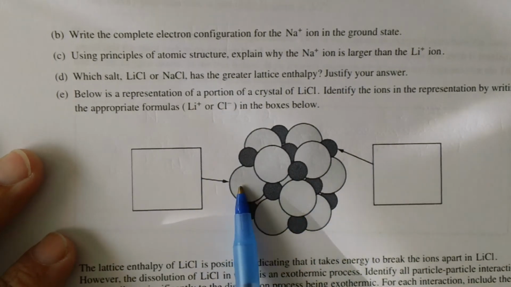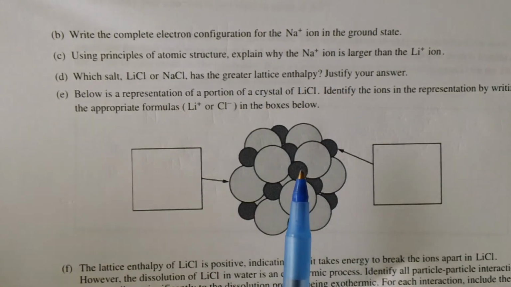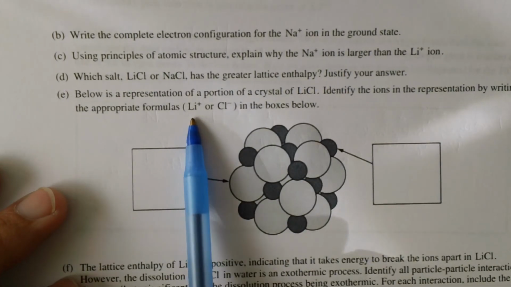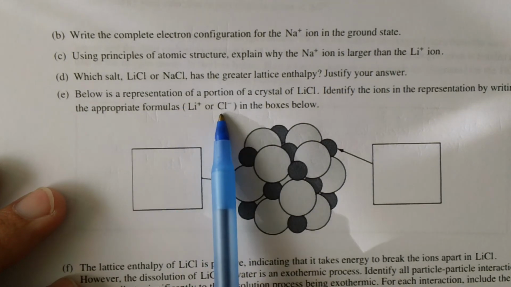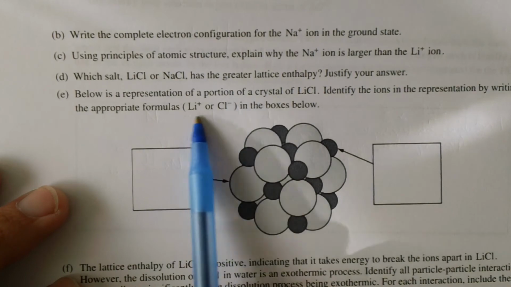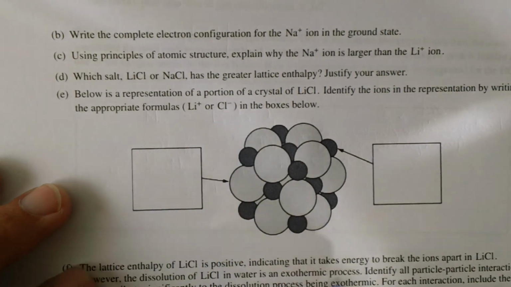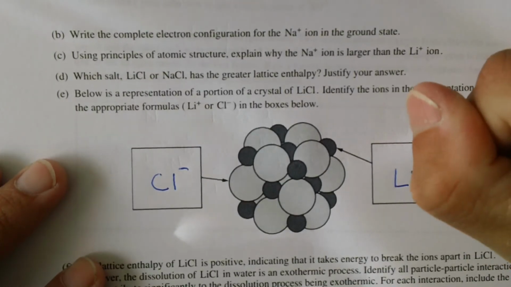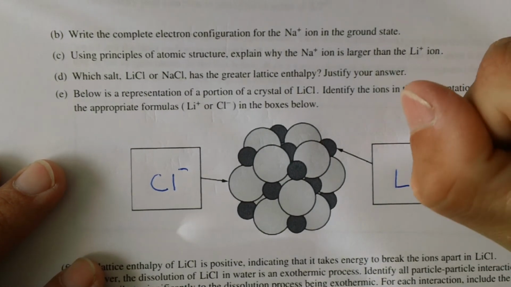Lithium is the smaller one. You can also look at the trend on the periodic table, or even look at the noble gas that this corresponds to. That's like helium. This chlorine is like argon, and so chlorine's going to be bigger here, and so the bigger one belongs to chloride. The smaller one belongs to lithium.